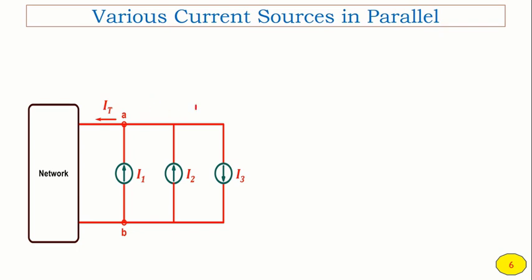Let us apply KCL to a node where various current sources are connected. Take an example. Here in this example, I1, I2 and I3 are connected in parallel between the nodes A and B, and this is the other part of the circuit. So let's suppose this network is drawing current IT from these three current sources.